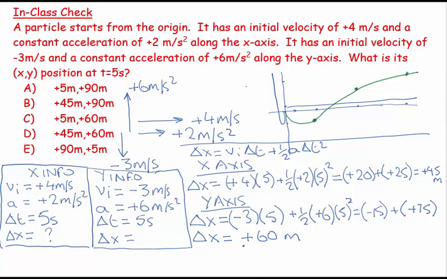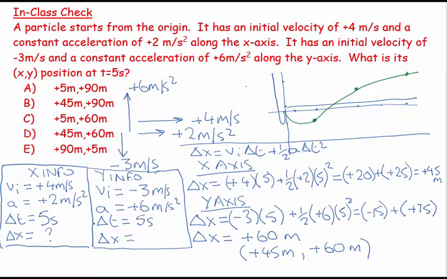So my x and y coordinate is going to be, for my x-axis, plus 45 meters, and for my y-axis, plus 60 meters. Okay, and we're somewhere up here. There's nothing wrong with calling this delta y, and there's nothing wrong with calling this vix and viy and ax and ay.